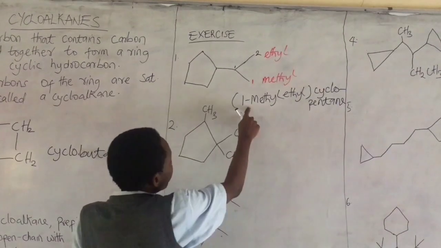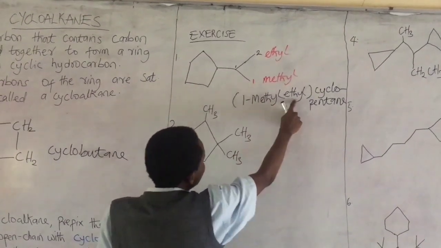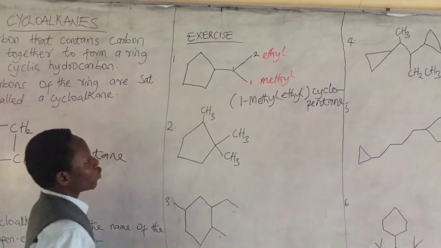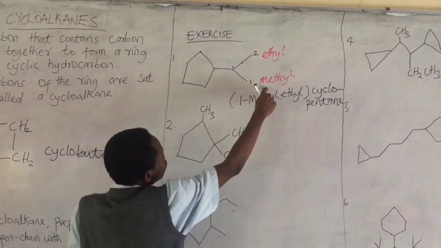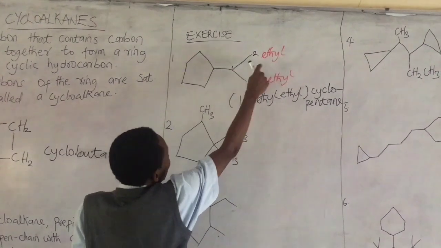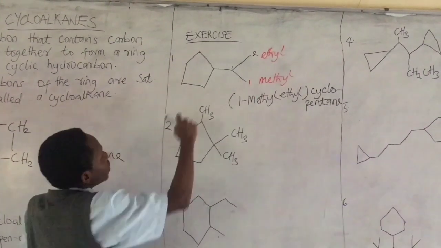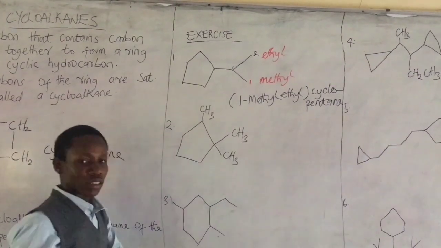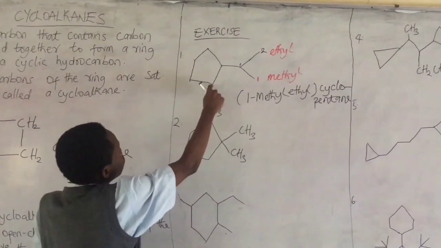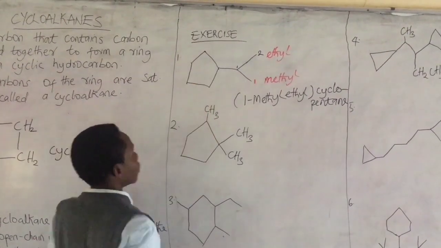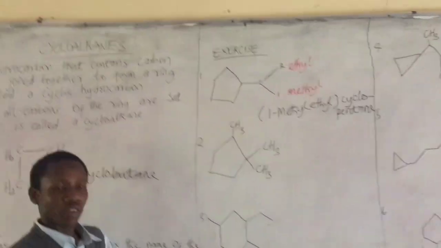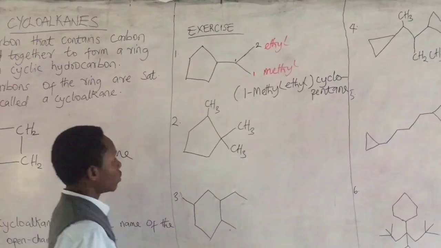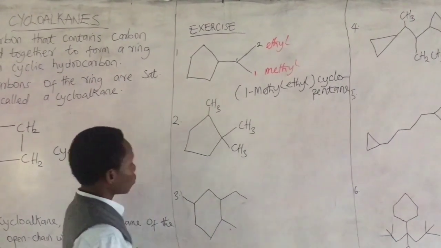We have 1-methylethyl cyclopentane. Why? Because we are having our methyl group on the first carbon of our ethyl. And the name of this ring structure is cyclopentane. Why is it cyclopentane? 1, 2, 3, 4, 5. 5 carbons. Very simple. So this is how we name cyclopentane.